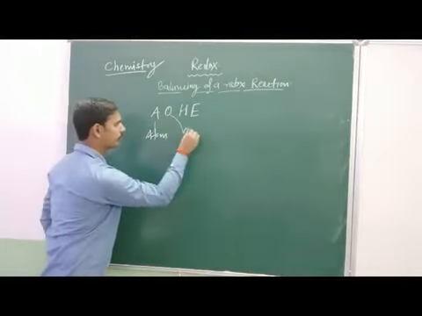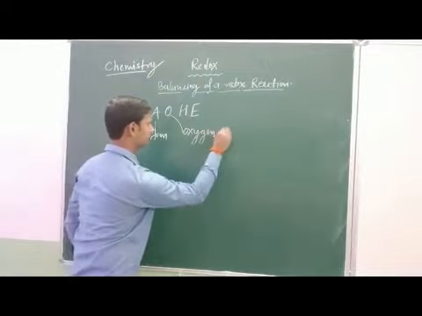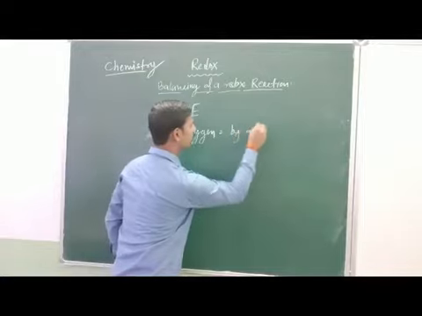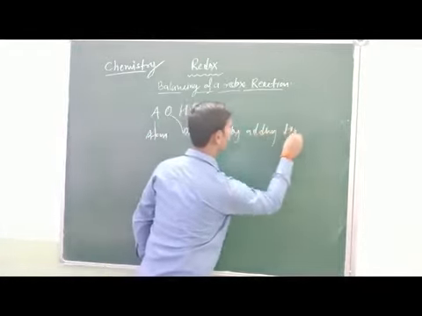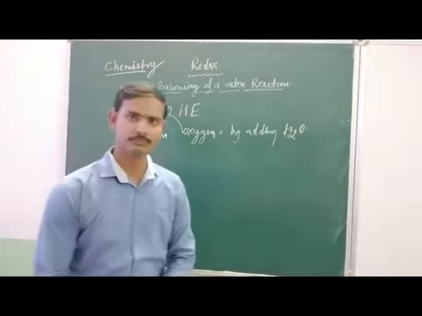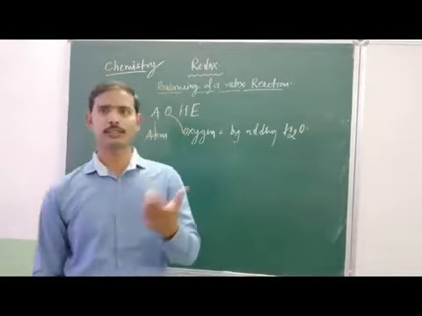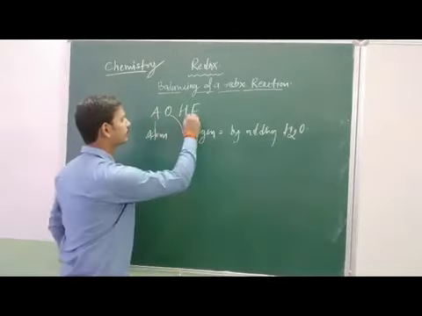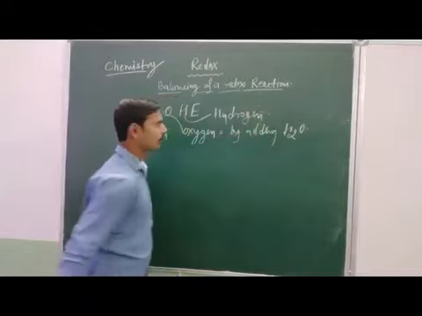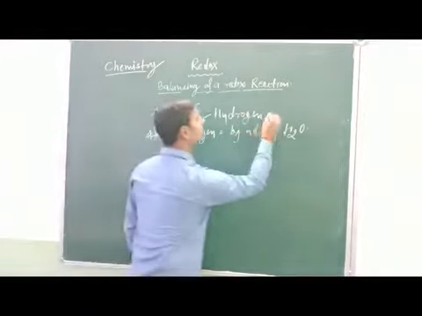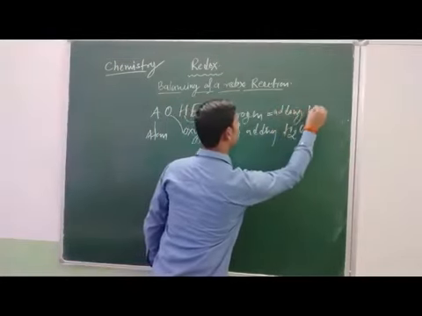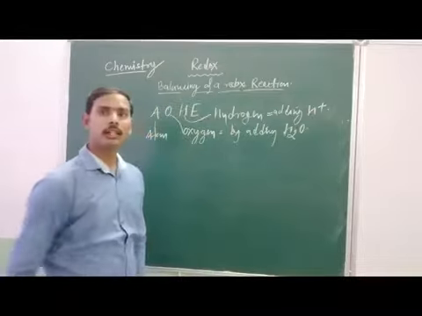O stands for oxygen, which is balanced by adding H2O on the opposite side of the oxygen. When I give an example, you will understand this very easily. Next is H, that means hydrogen. This hydrogen is balanced by adding H+ ions on the opposite side of the hydrogen.